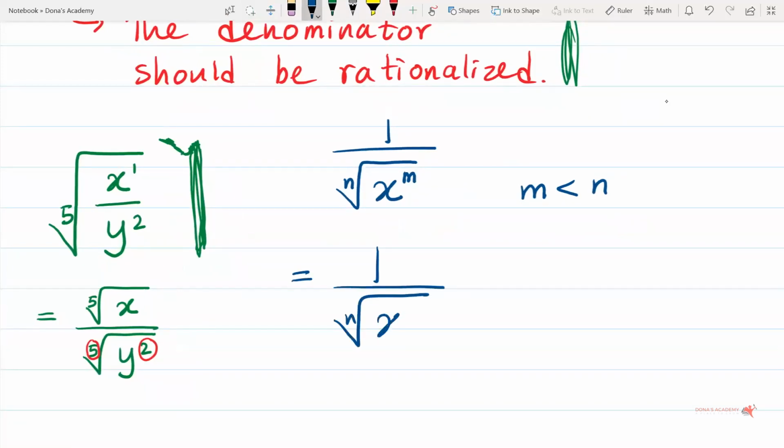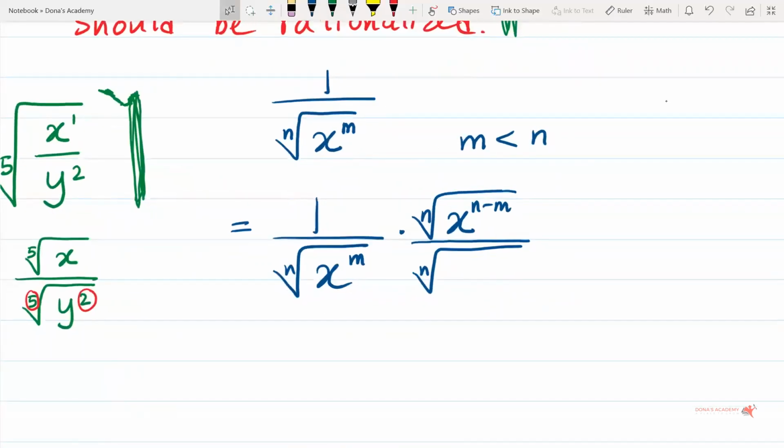If I multiply both top and bottom by this factor, the nth root of x to the n minus m, right? I have to multiply both top and bottom so that I do not make any change to the original expression.